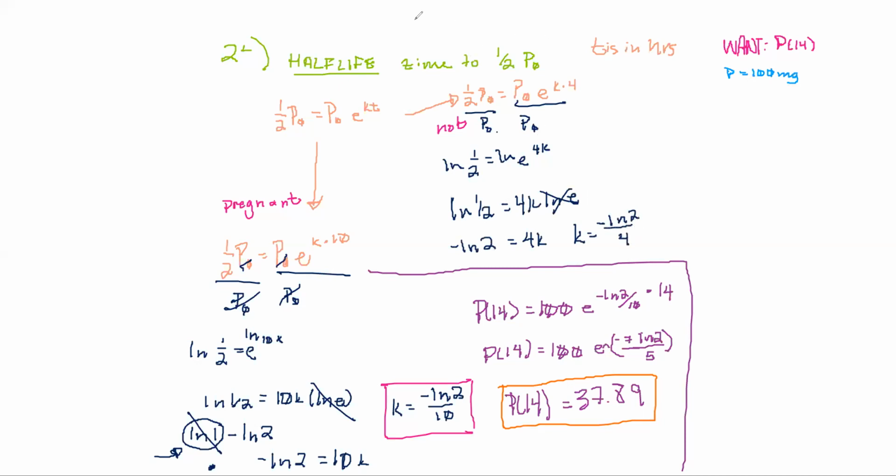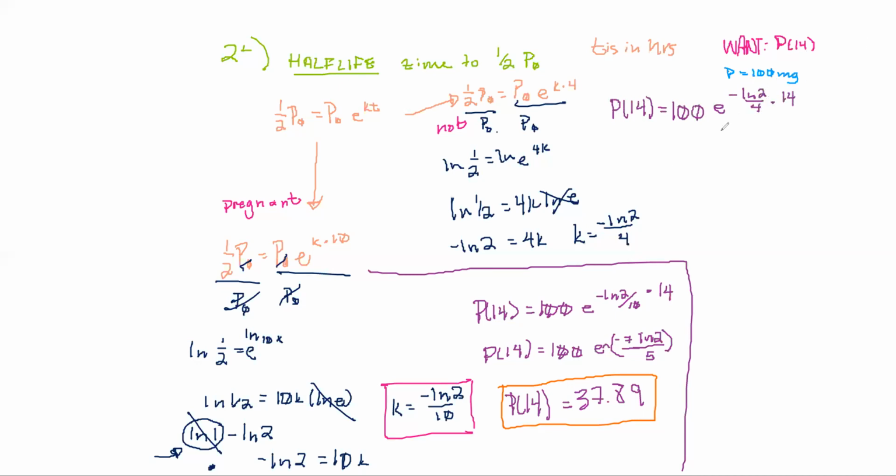Cool. Now that we have k, we're just going to do the exact same thing. We're going to say p of 14, because we still want p of 14. We want what happens at 14 hours, which is equal to 100 milligrams times e to the negative natural log of 2 over 4, times 14. Give me just a second, I'll finish writing this out.